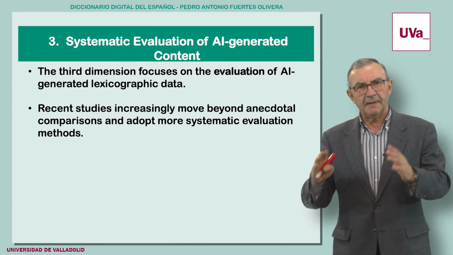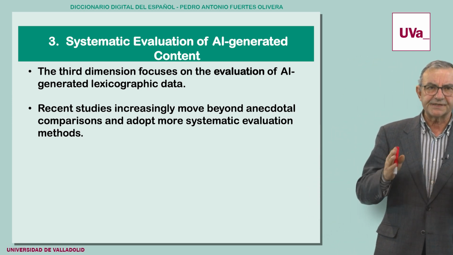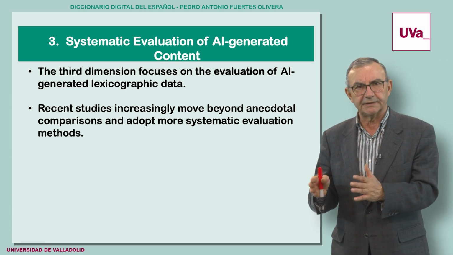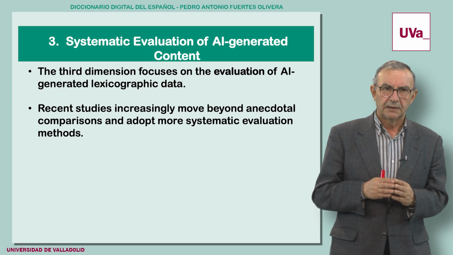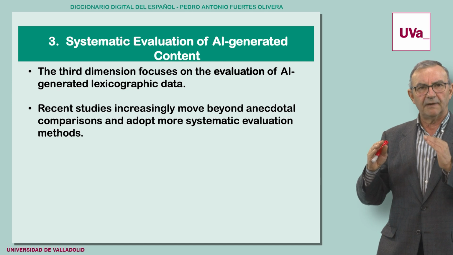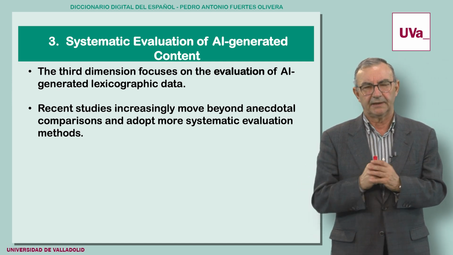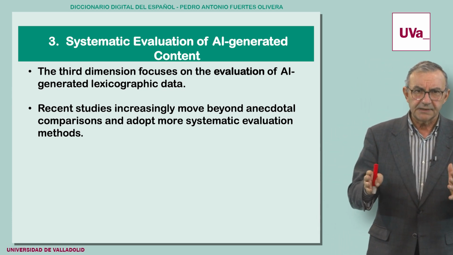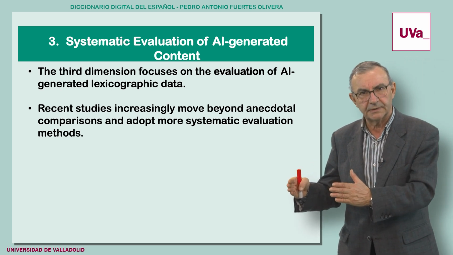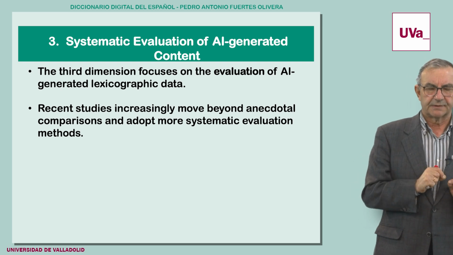A third dimension of research is concerned with a systematic evaluation of artificial intelligence generated lexicographic content. This third dimension focuses on the evaluation of AI-generated lexicographic data, and recent studies increasingly move beyond anecdotal comparison and adopt more systematic evaluation methods.